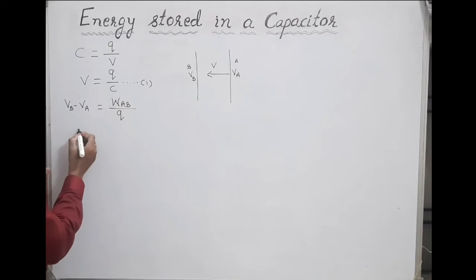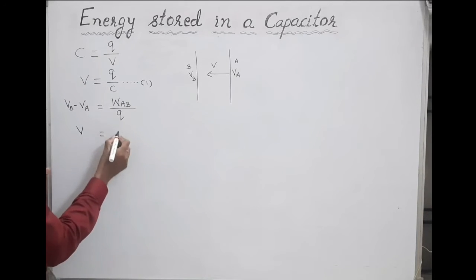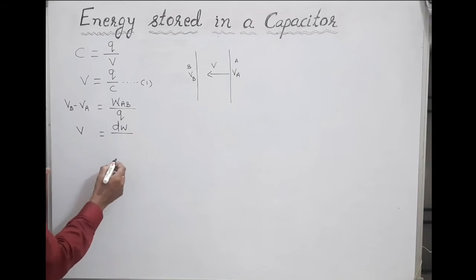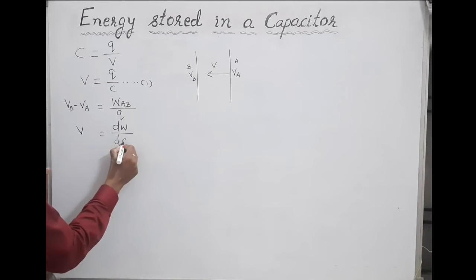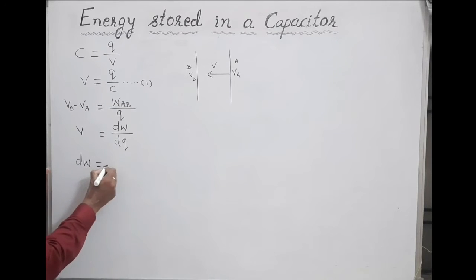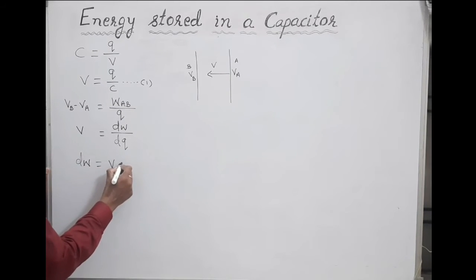Now, the potential difference is V, the small work done is dw, and the transferred charge is dq. From this equation, the small work done dw is equal to V dq.